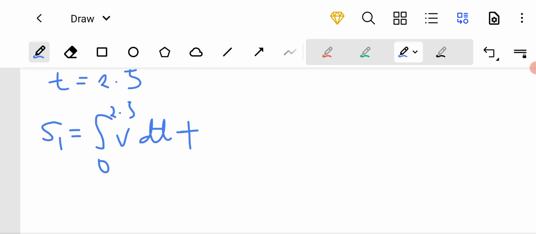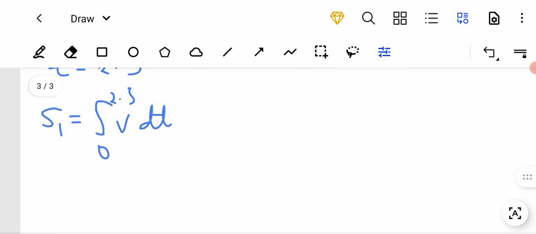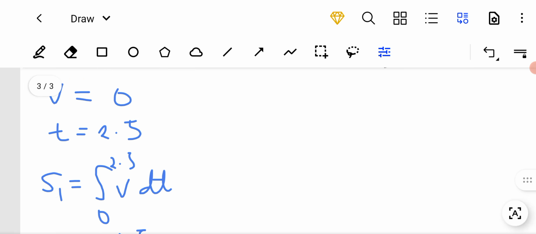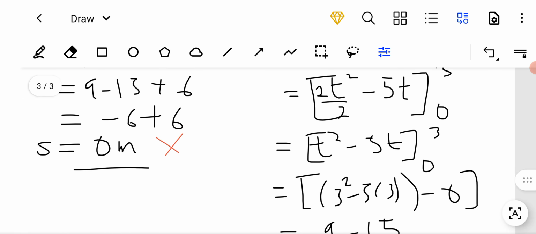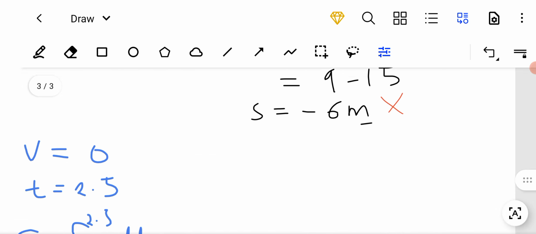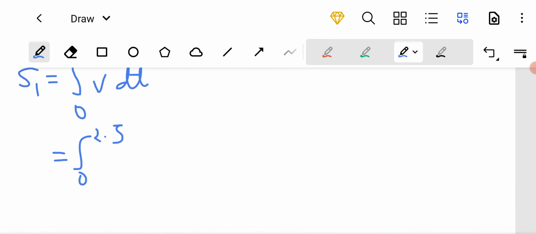plus S2. Okay, let's just leave it like that. So this is our S1. Then it's equal to the integral from 0 to 2.5, and our velocity function, what was it? Yes, it was 2t minus 5. So I'm going to substitute 2t minus 5 dt.